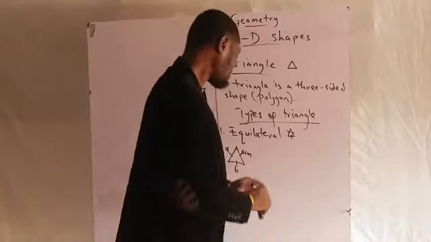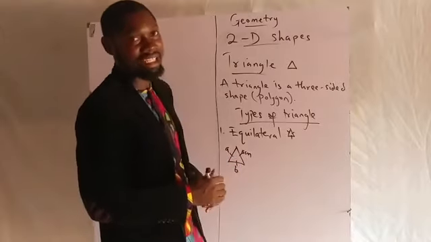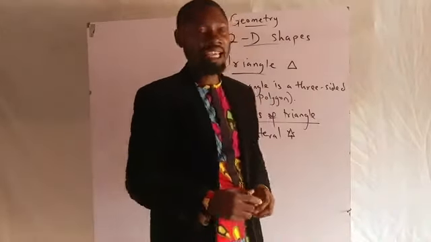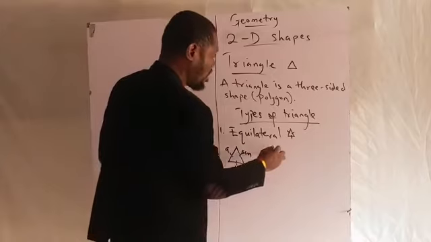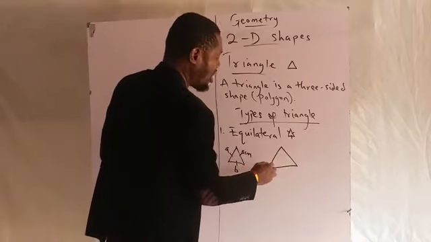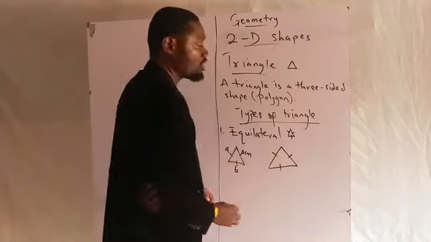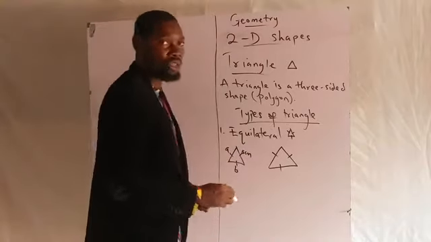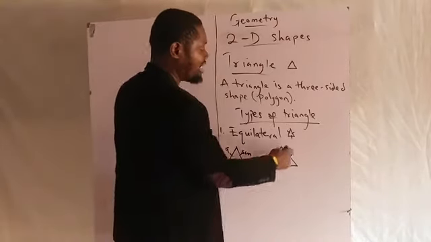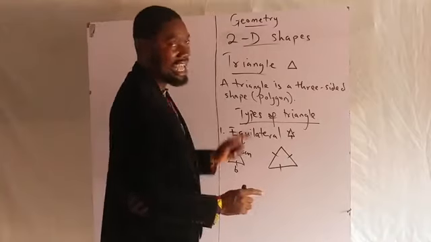Good. Now, an equilateral triangle, like I said, has all the sides equal. Since all the sides are equal, it also implies that all the interior angles are equal. The interior angles are the angles that are inside. So when you see these signs on the triangle, it is an equilateral triangle.